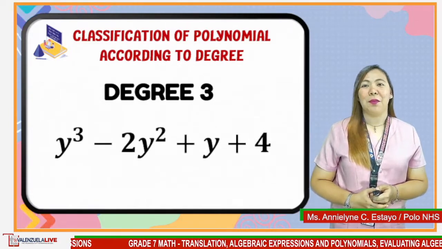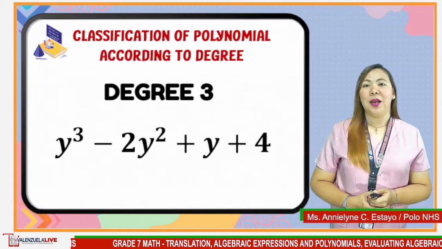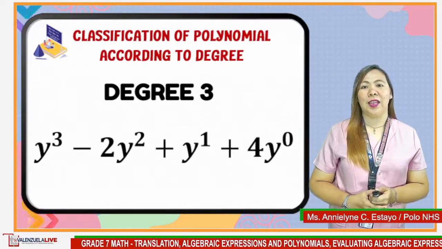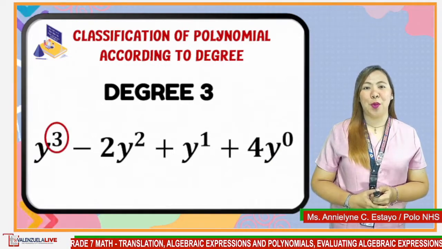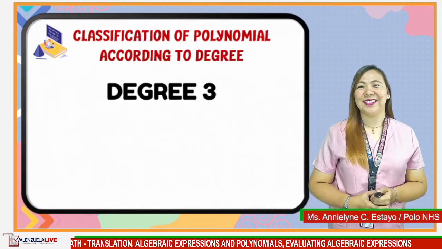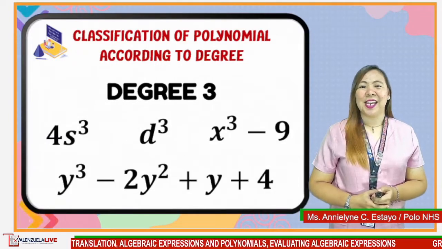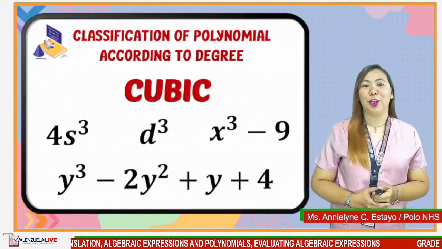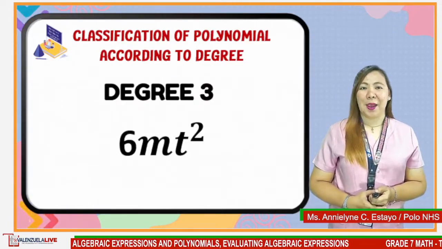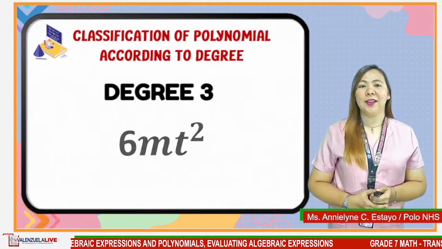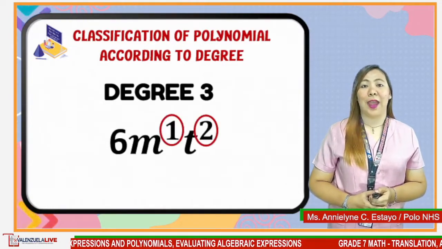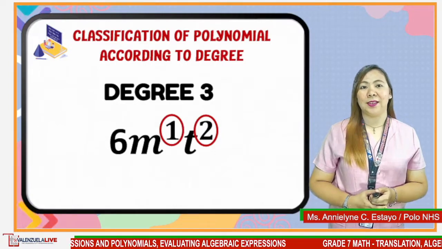Y cubed minus 2y squared plus y plus 4 is also in the degree 3 since the highest exponent among the terms is 3. These examples are called cubic. Another is 6mt squared is in the degree 3 since the sum of the exponents of m and t is 3.